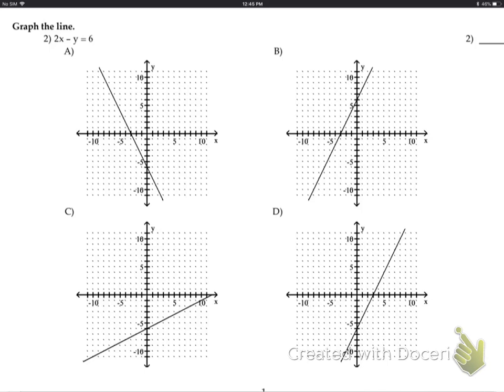So you can just jump the y to the right side and jump the 6 back if you want, or whatever. There's a lot of ways to do it. You could just jump the y to the right side and the 6 back, and that would be y equals 2x minus 6. Everybody good? So that gets y alone.